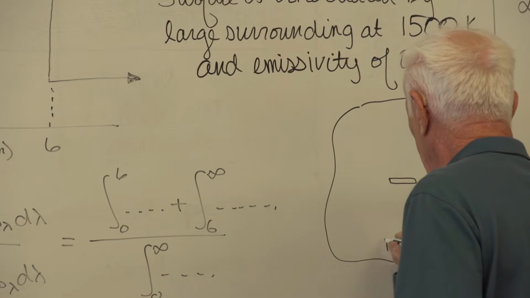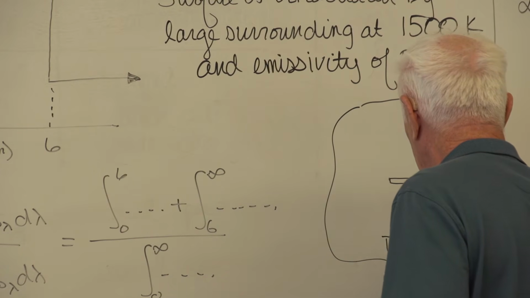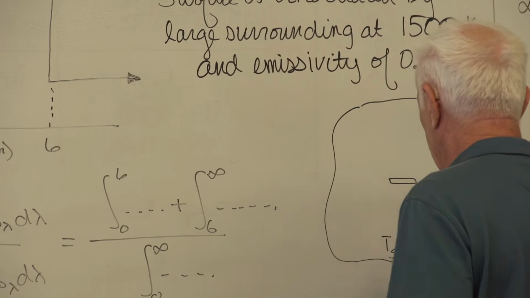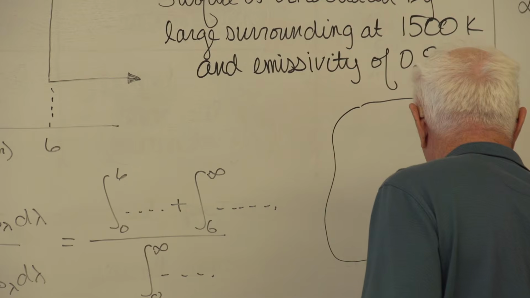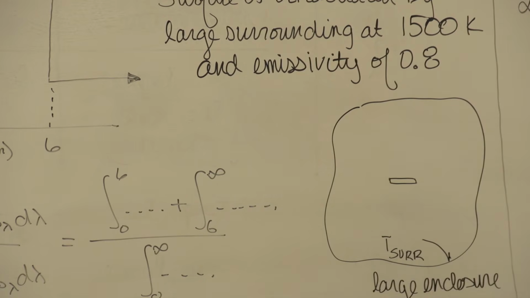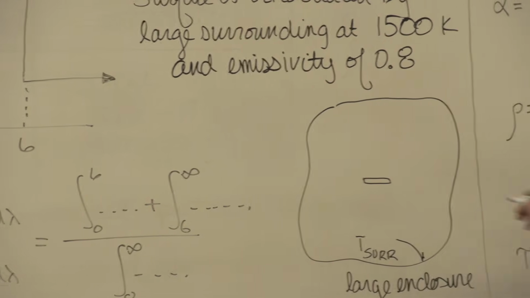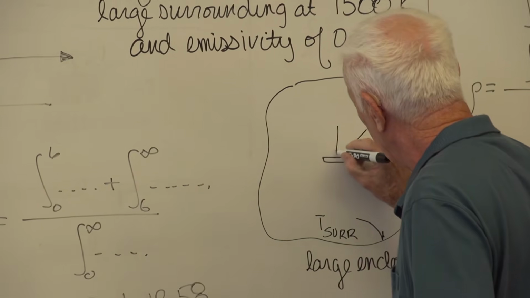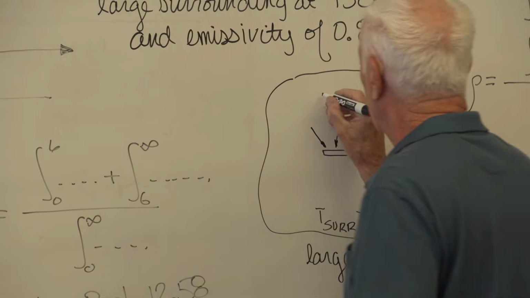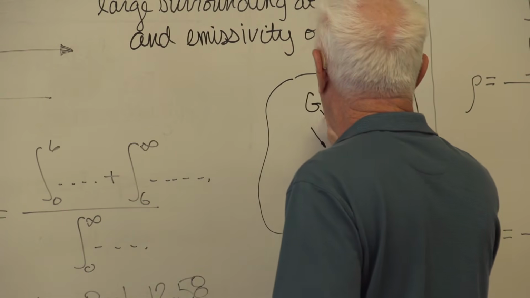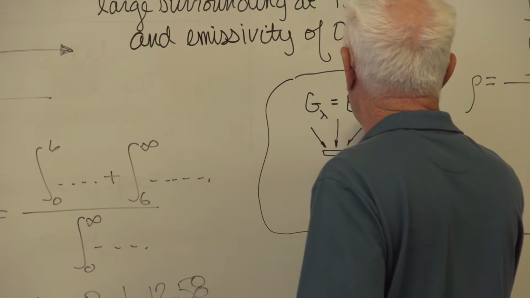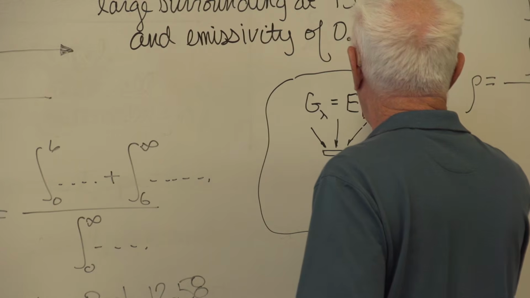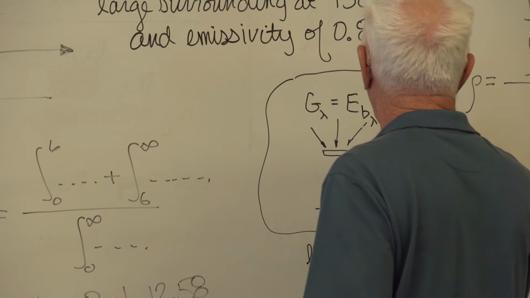We said if the room walls are at T surroundings, and this is a large enclosure with a small object in it, the irradiation from the walls of that large enclosure to that small object, what comes in from the walls, looks like it came from a black body at the temperature of the surroundings.